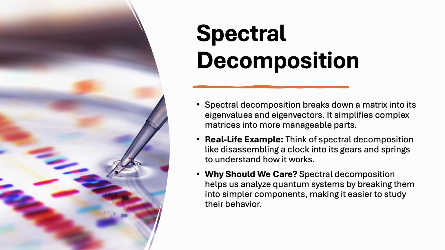Think of spectral decomposition like disassembling a clock into its gears and springs to understand how it works. Why should we care? Spectral decomposition helps us analyze quantum systems by breaking them into simpler components, making it easier to study their behavior.